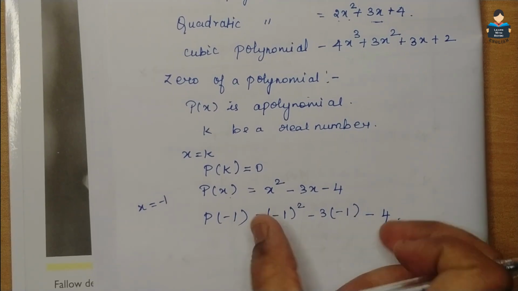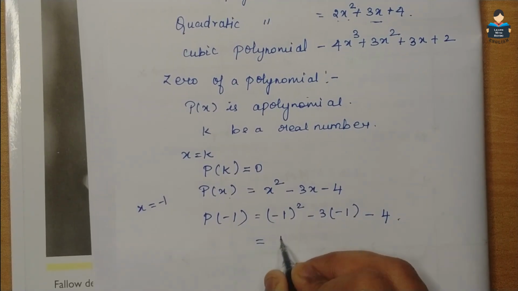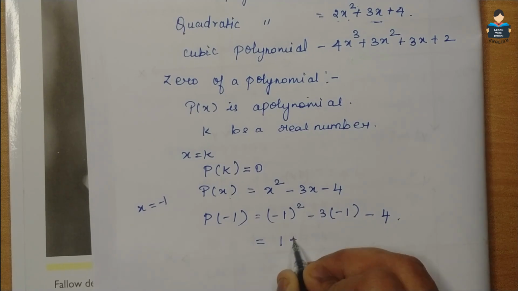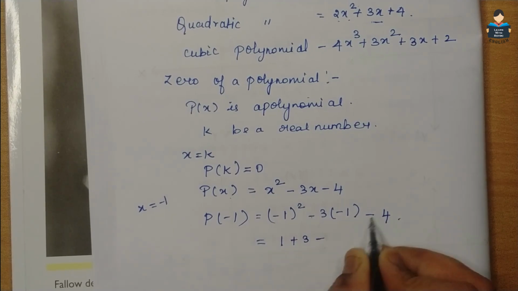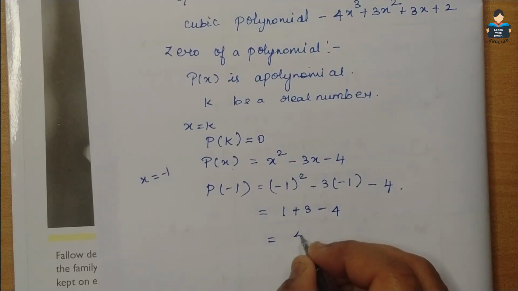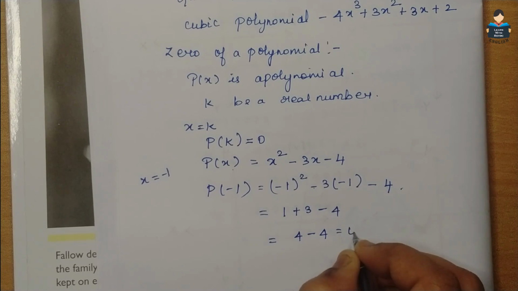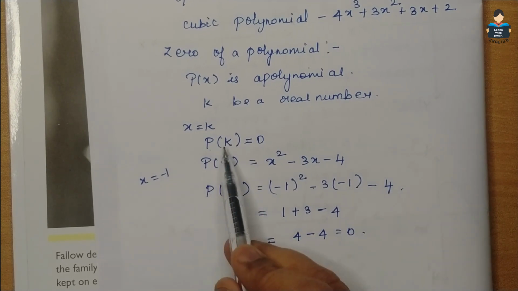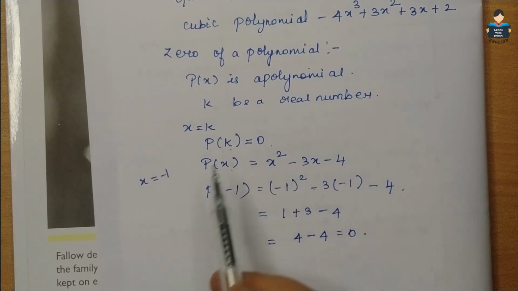When I solve this, minus 1 the whole square is 1, minus into minus plus 3 minus 4. So I will get 4 minus 4, which is 0. That is, my p of k value is 0.